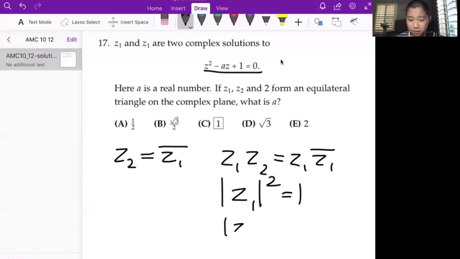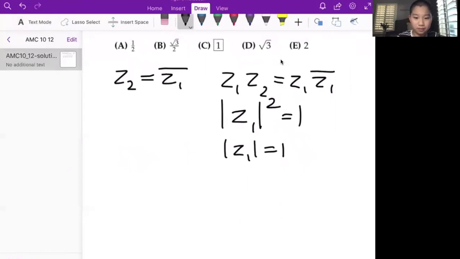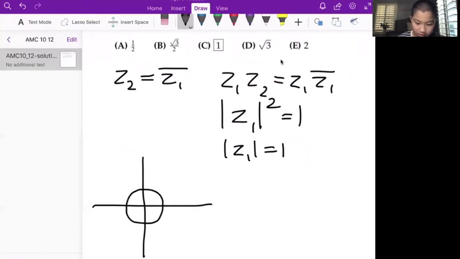So the magnitude of z1 is equal to 1. So z1 is on the coordinate plane. So let's draw that. A unit circle on the complex plane, I mean.